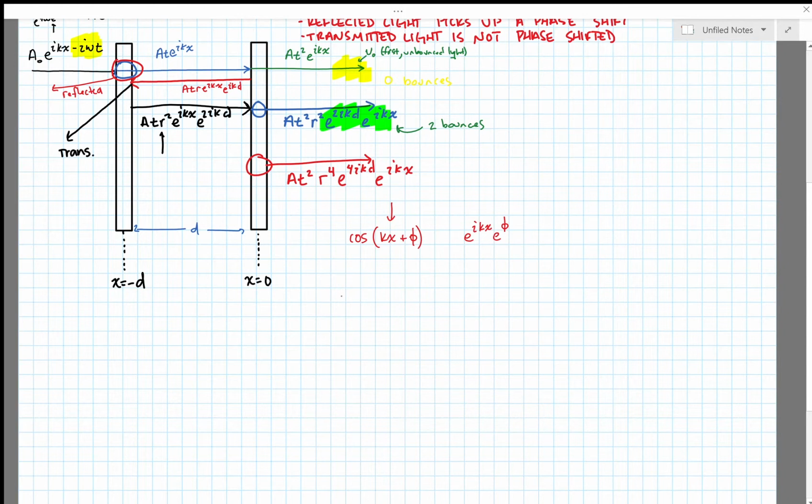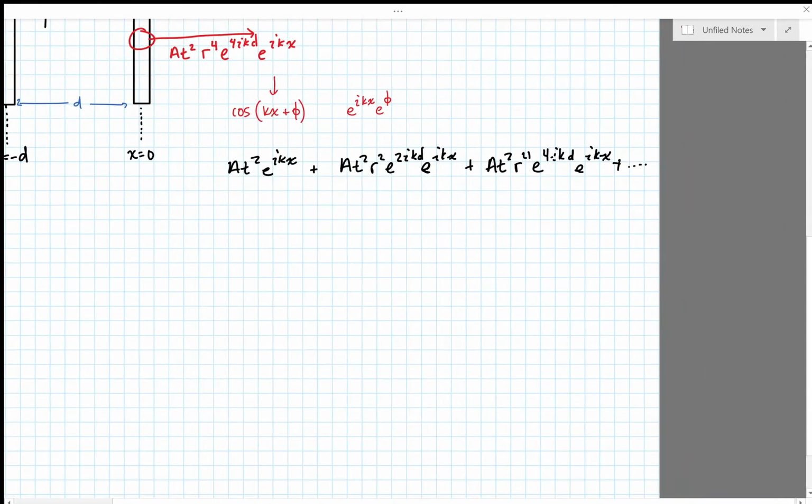So the first part is a t squared e to the ikx, plus the two bounced one is a t squared r squared, so it's dimmed by r squared and phase shifted e to the 2ikd, e to the ikx. And then the four bounce one is a t squared r to the 4th e to the 4ikd e to the ikx. And then we'll have some six bounced one and eight bounced one.